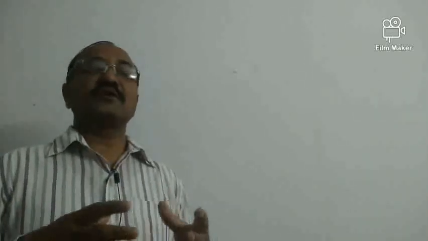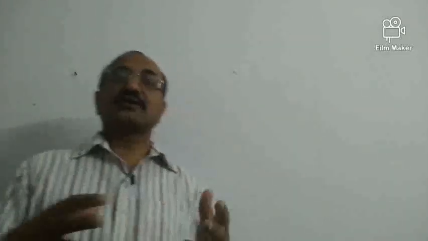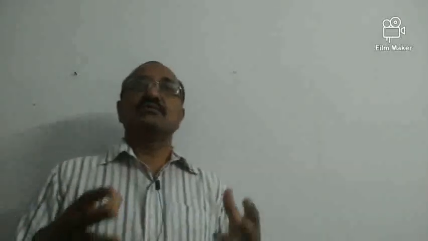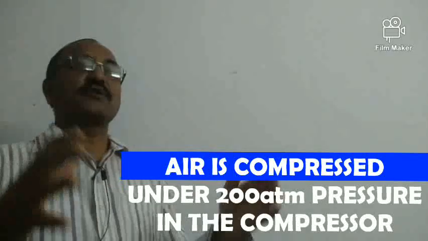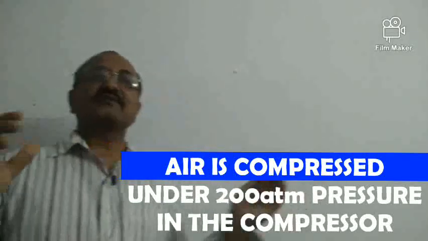You know well what 1 atmosphere pressure is: around 76 centimeters of mercury, or 100 kilopascal. So 200 atmospheres of pressure is applied on air. Due to that high compression, the air in that compression chamber becomes very hot and gets compressed.